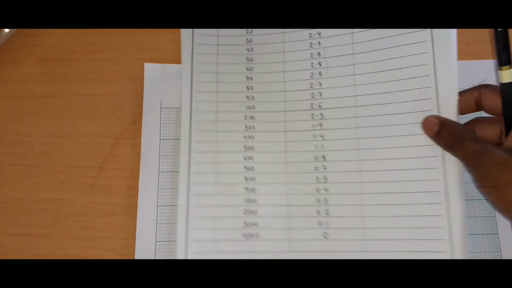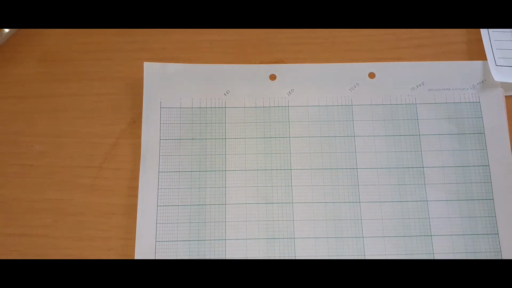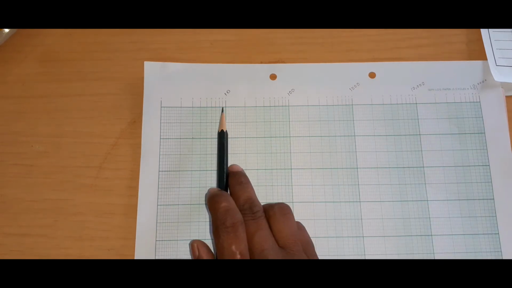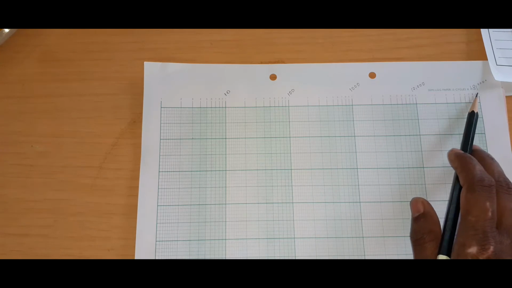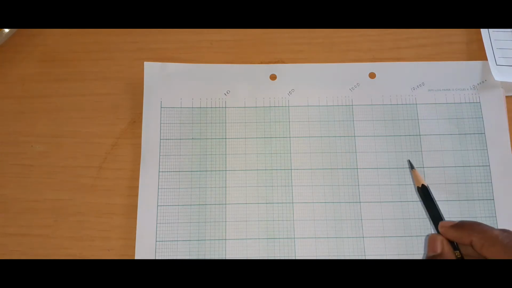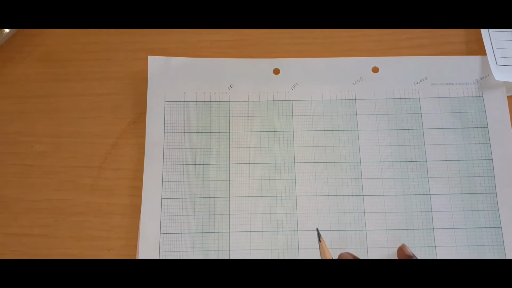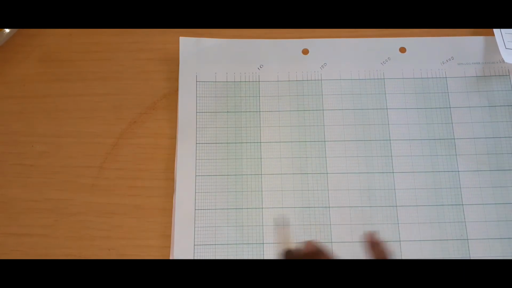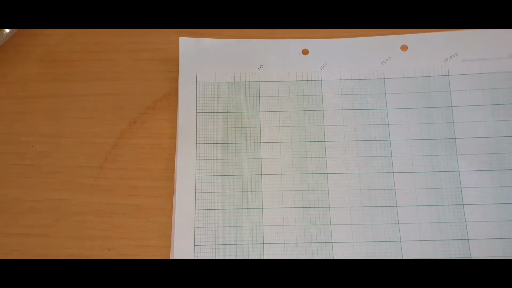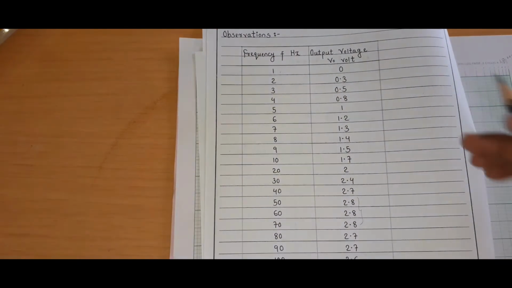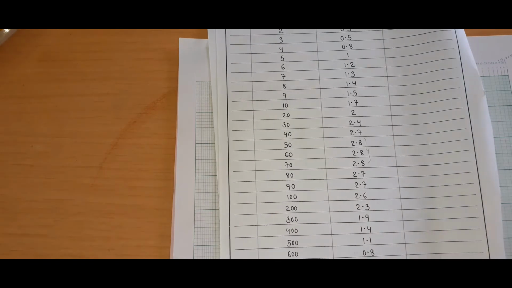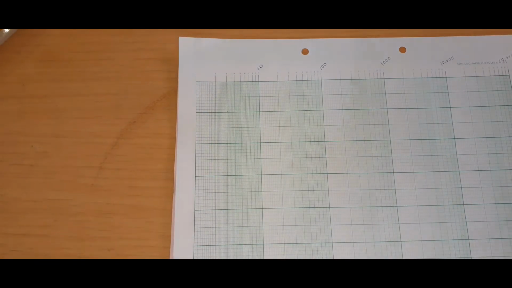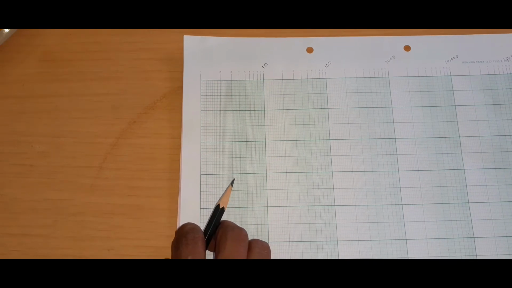See on this semi-log paper the x-axis is already given, like this: 10, 100, 1000, 10,000 and 1 lakh. So here we draw the y-axis. The voltage varies from 0 to 2.8. See, 2.8 is the maximum voltage. So we draw the voltage scale as 1, 2 and 3, because the maximum voltage is 2.8.